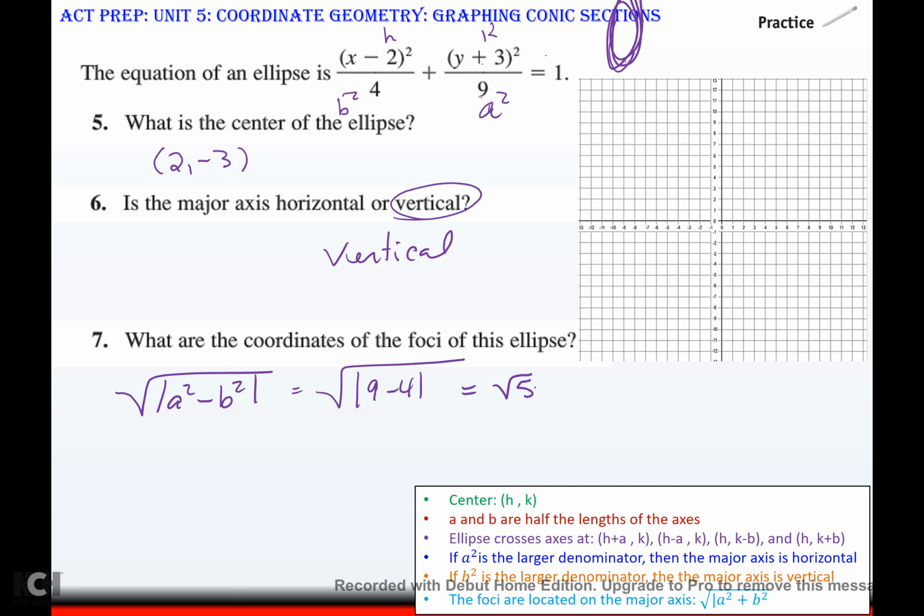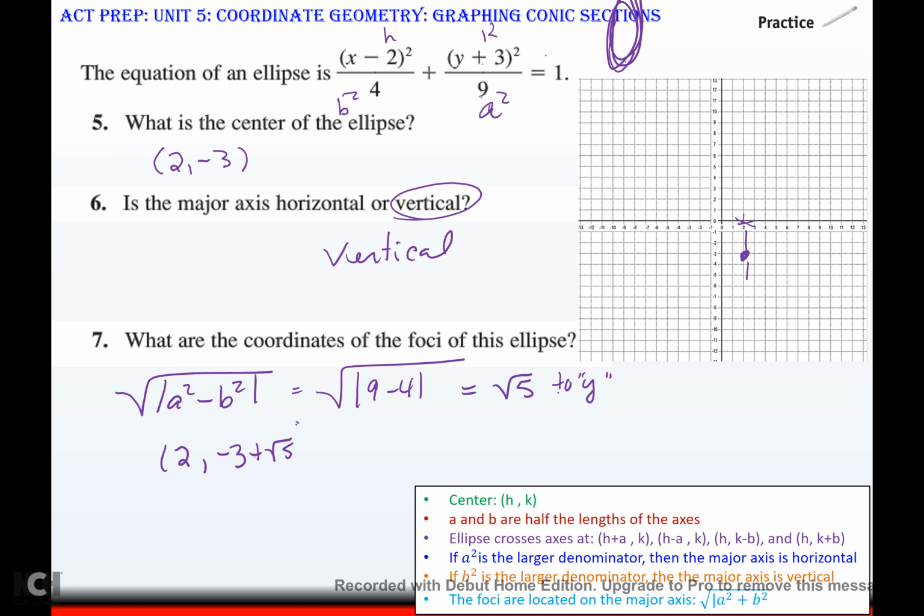But to get the coordinates, I got to figure out, well, my center is at 2, negative 3. It's going to be long ways. So to get the coordinates, I've got to do this to the y. So I'm going to keep the x the same. I don't want to move from there, so I'm going to keep the x the same. But my y coordinate, which is negative 3, is going to change by the square root of 5.